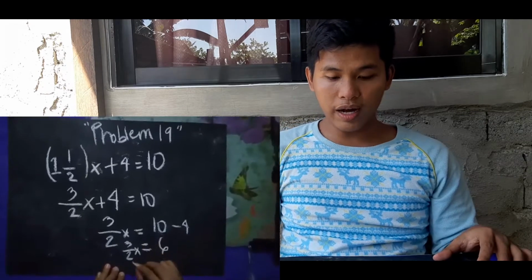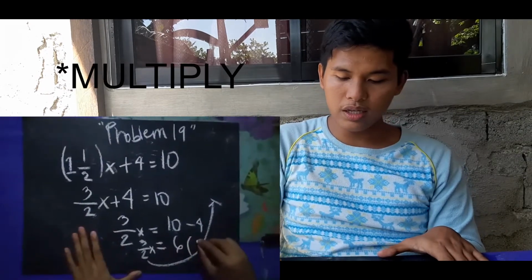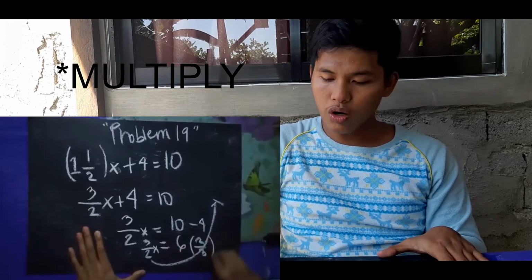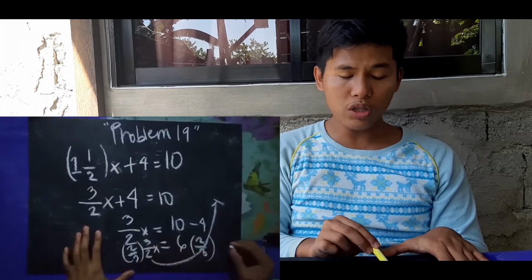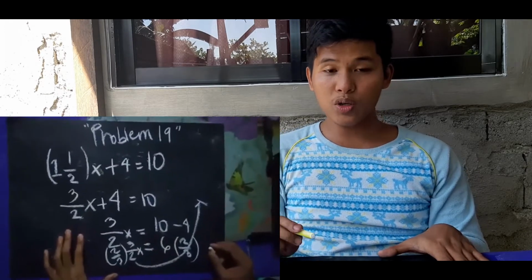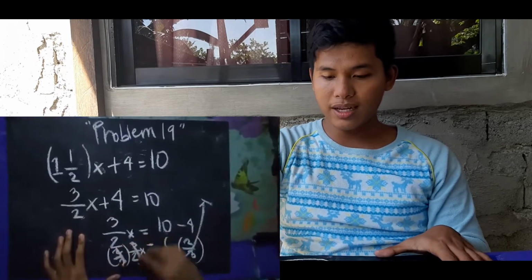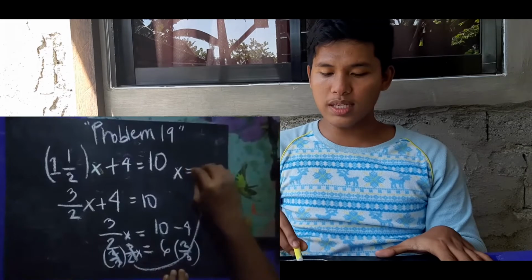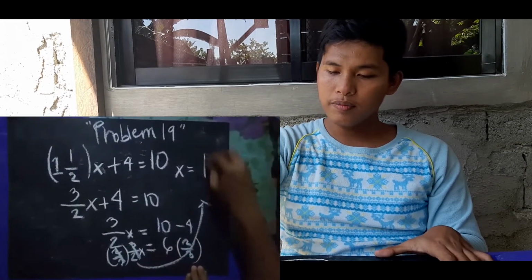And then divide both sides by 3 over 2, which is the same as multiplying by 2 over 3. The answer is x equals 4, since 6 times 2 over 3 is 4.